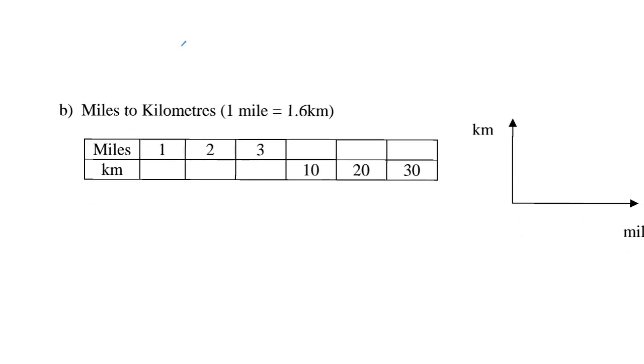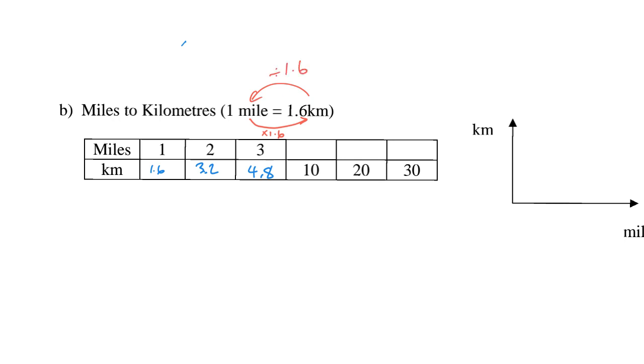The next problem is miles to kilometers. We'll do the same concept again. Going from miles to kilometers is multiplying by 1.6. So that means 1 becomes 1.6, 2 becomes 3.2, and 3 becomes 4.8. Now, these other numbers that are already in kilometers have to be divided by 1.6.